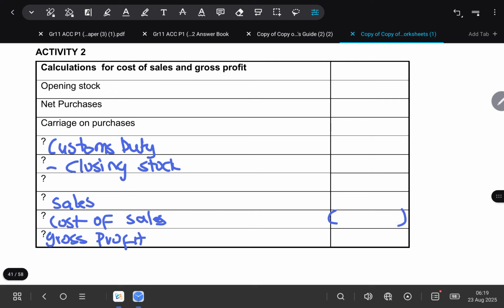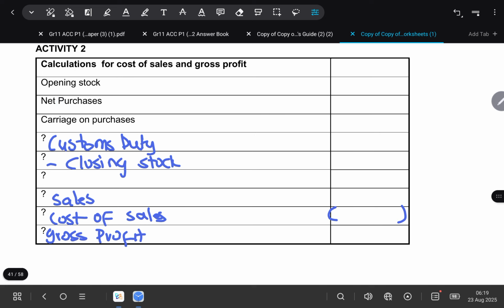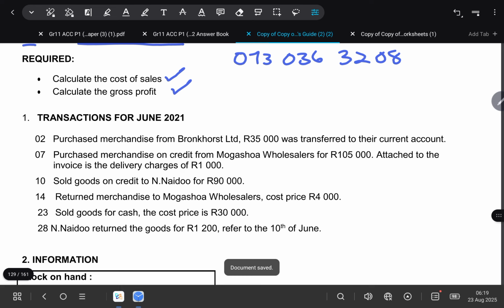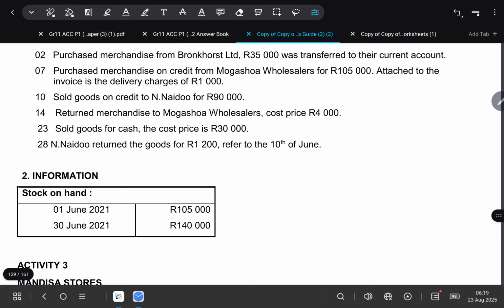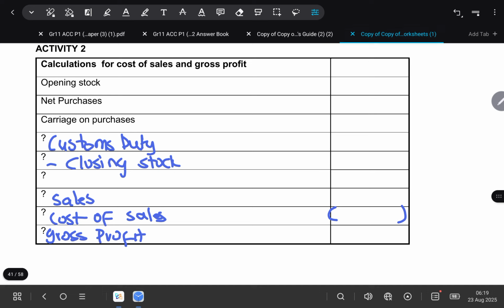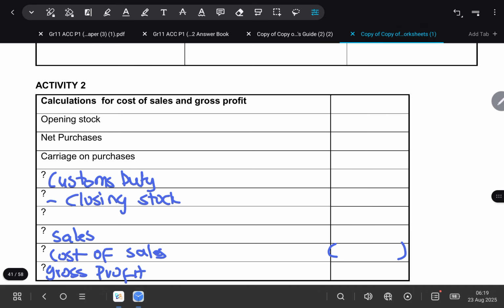So we will start with the basic information that we have here. Our opening stock, we need to go and check what we are given. They started by giving us our opening stock, which is 105,000. So we will start by recording that 105,000 as our opening stock.